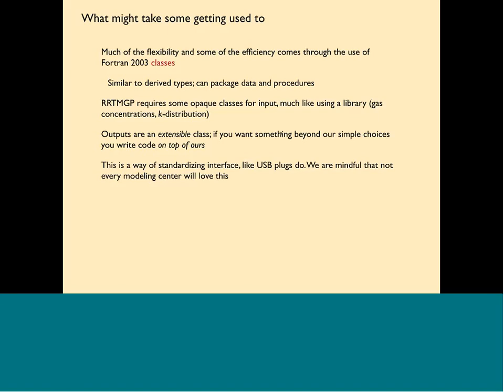So this is something that you have control over, where you have access to the full detail of the model. So all of the fluxes at all of the spectral points at every grid cell, and you can choose how you would like that data volume reduced, to give you the information you need in your particular application.